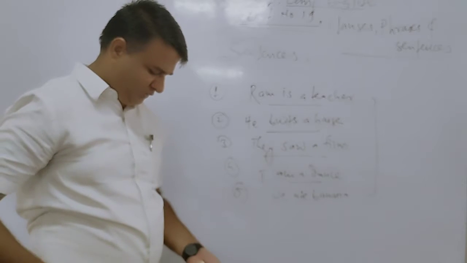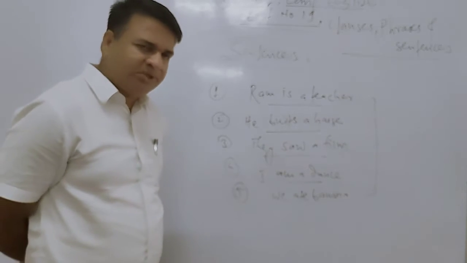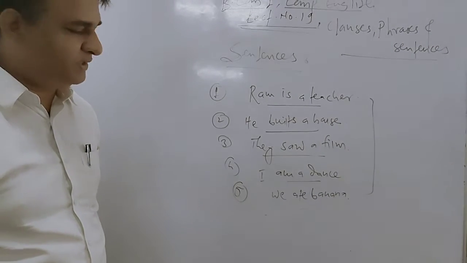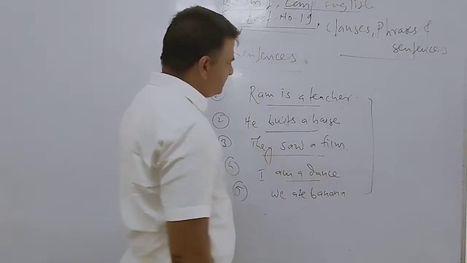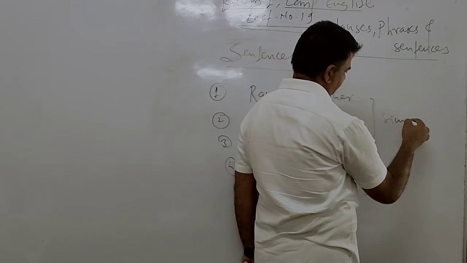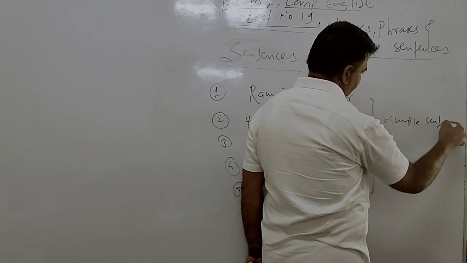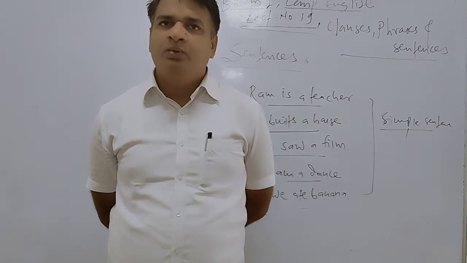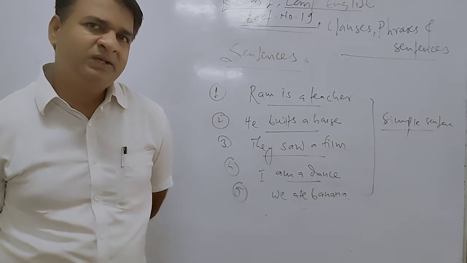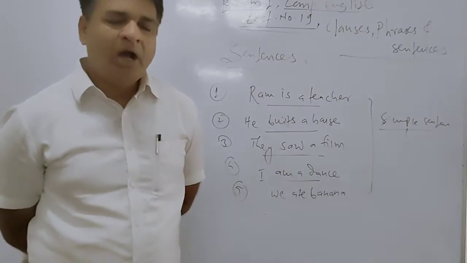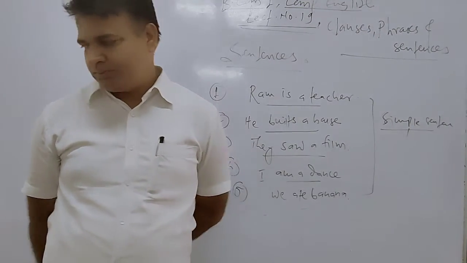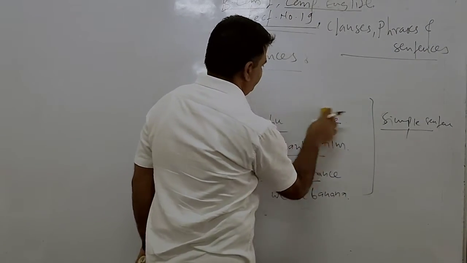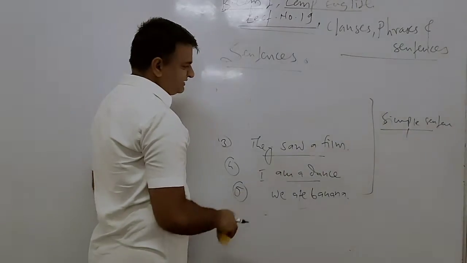All these give detailed information about structure, information, declaration. So all these come into the category of simple sentences. We call these simple sentences, which simply give information about happenings, about one's identity, and so on.